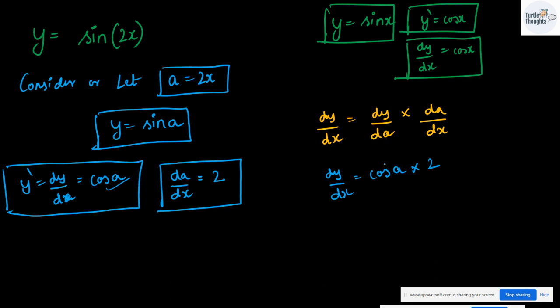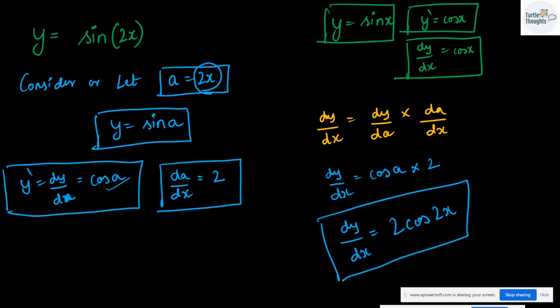The value of a I have taken as 2x. I can substitute the same over here. Dy by dx is going to be 2 multiplied by cos a. A is 2x. The answer is going to be 2 cos 2x. So the differential of y is equal to sine 2x is going to be 2 cos 2x. This is how you will be using the chain rule.